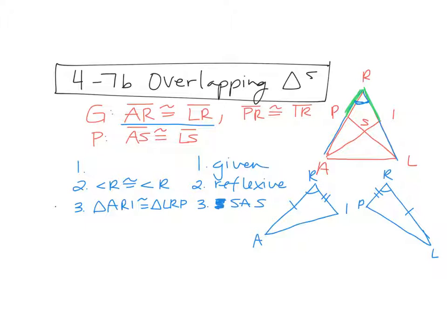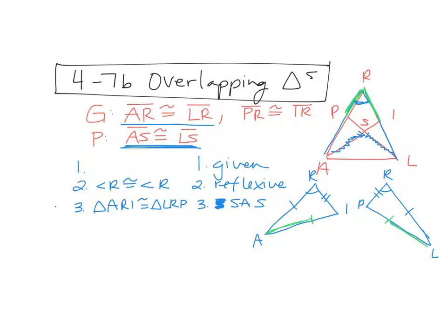Okay, so we know those two triangles are congruent, but look at what they're asking us to prove. They're asking us to prove AS congruent to LS. That is this segment congruent to this segment, which are not segments on the triangles we just drew, right? We can't say anything about that, okay?